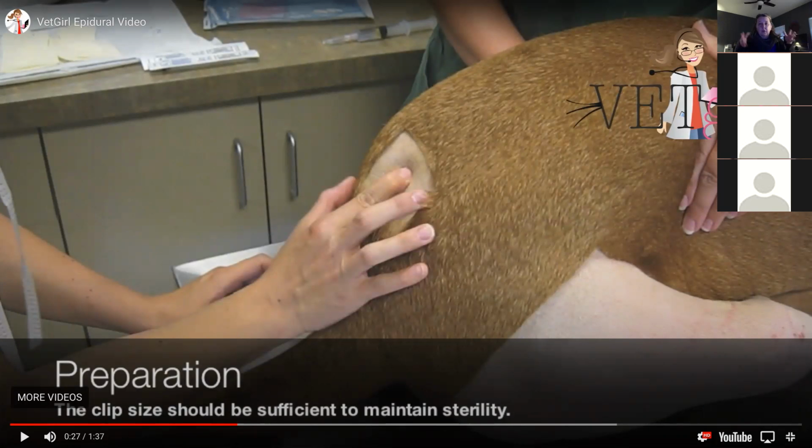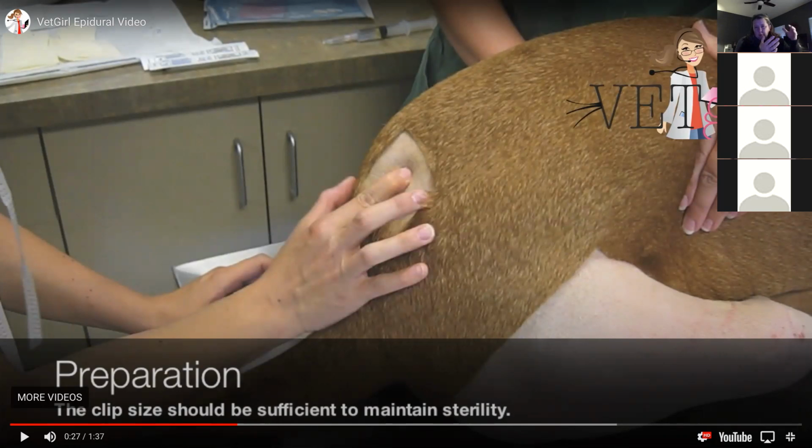Now, when you take dogs' legs and pull them forward, think about the vertebrae. If you see my hands, pretend this is L7S1. If you pull their legs forward, you're going to open up that epidural space. You can do this in lateral too, but I kind of like them in sternal.